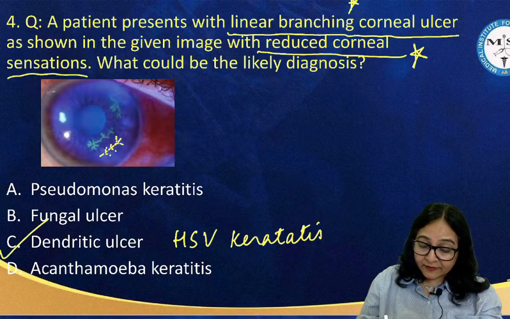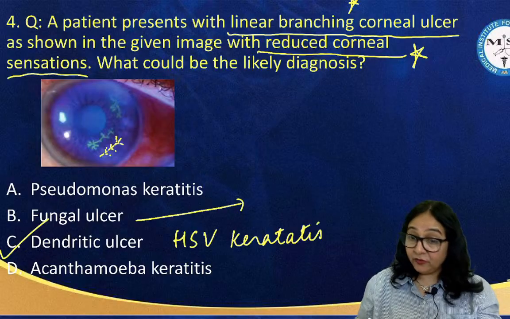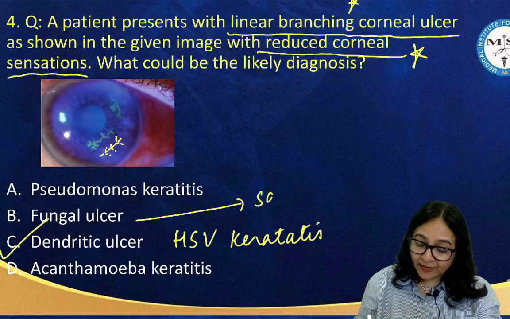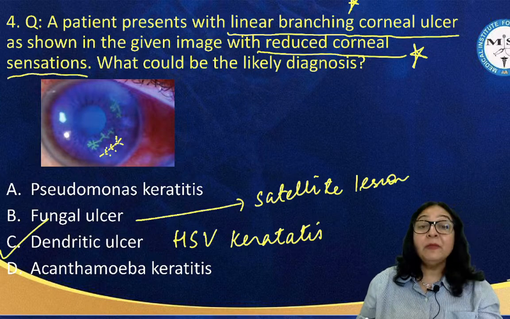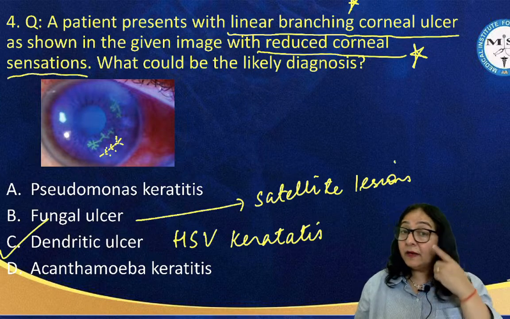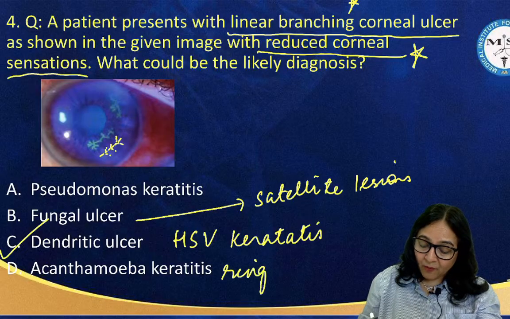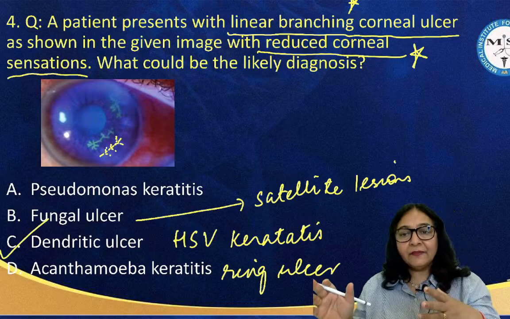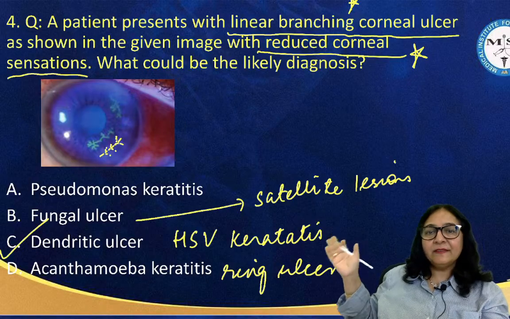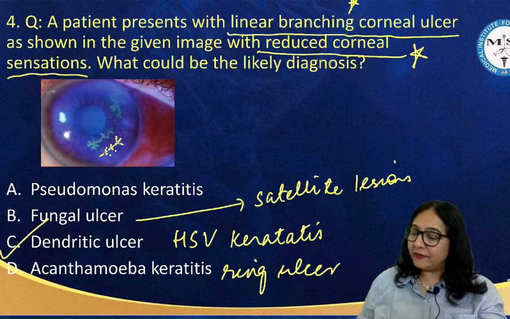Fungal ulcers do not have reduced corneal sensation or branching. They will have satellite lesions, feathery margins, etc. Acanthamoeba is a very, very painful ulcer, with no reduced corneal sensation. Mostly the ulcer is in the form of a ring ulcer. So the other options, if they were similar to this, were very easy to rule out, I would say.